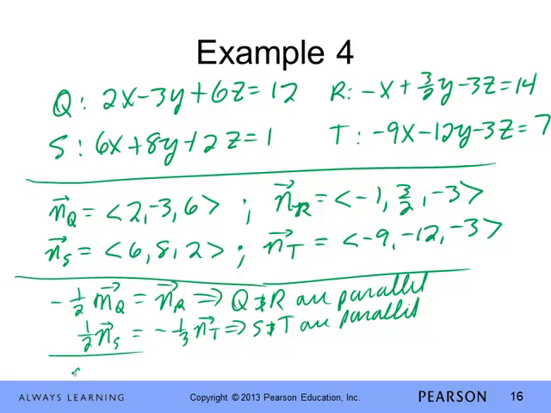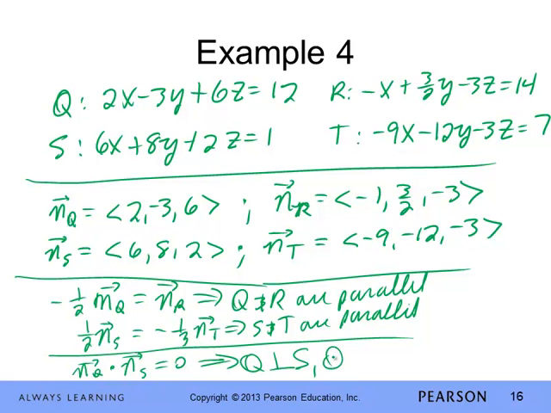So because n sub q dotted with n sub s is equal to 0, that implies that Q is orthogonal to S, Q is orthogonal to T, R is orthogonal to S, and R is orthogonal to T. Okay? Any questions about that?